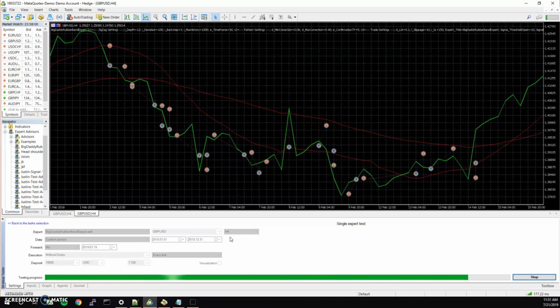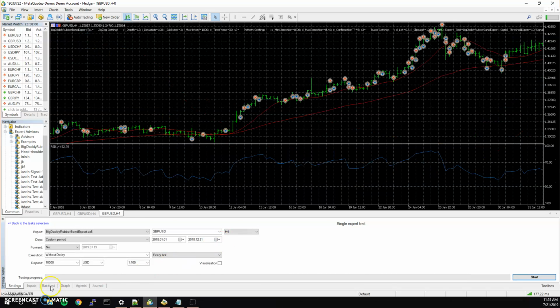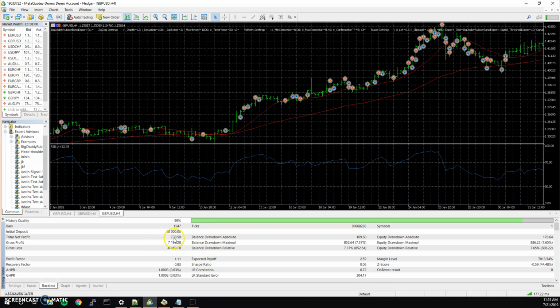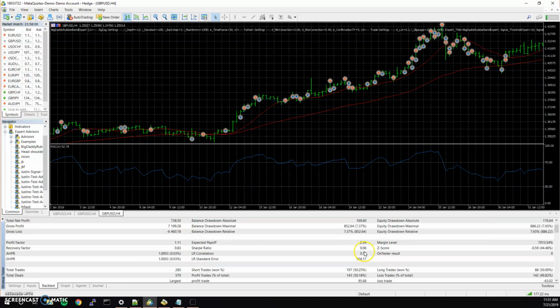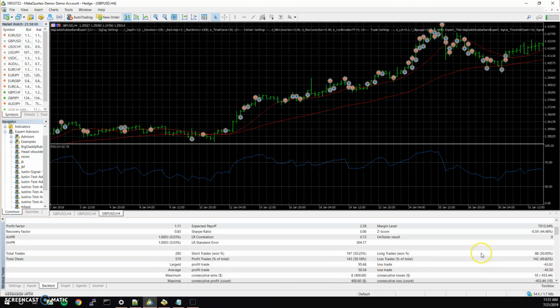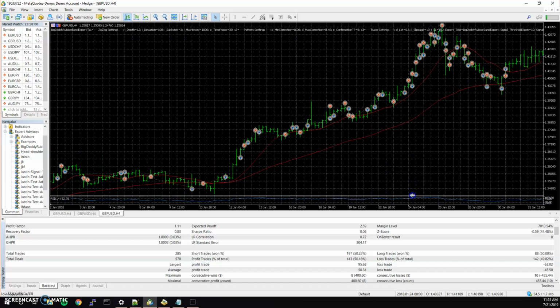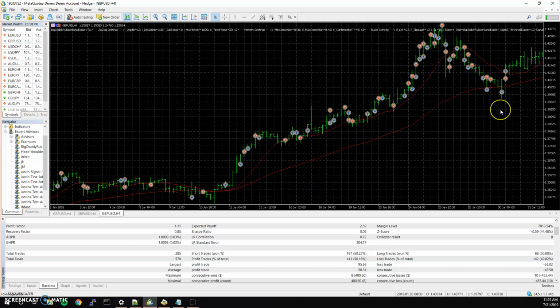Okay, in the backtest we won about $738. We had about a 50% win rate on short trades and long trades, which isn't bad, since we have a smaller stop loss than take profit. So if we're winning 50% of the time, we're making money.